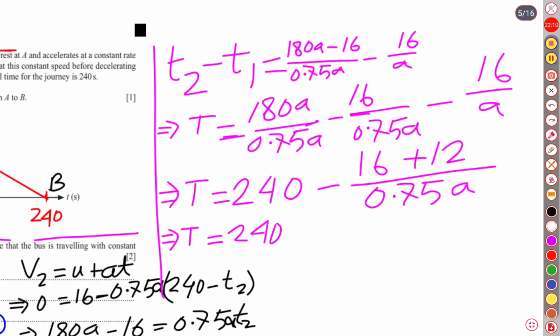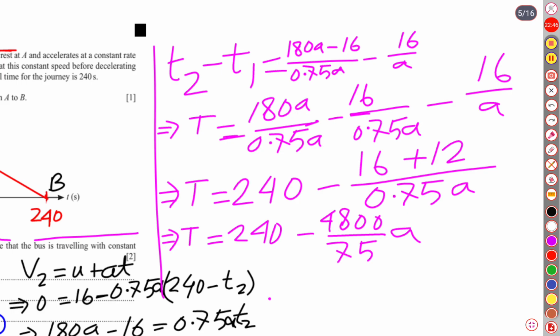Or t is equal to 240 minus 48 over 0.75 a. Okay, we will multiply both the numerator and denominator by 100, then it is going to be 4800 over 75.